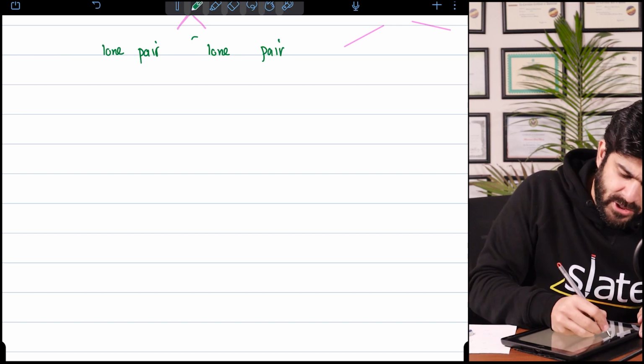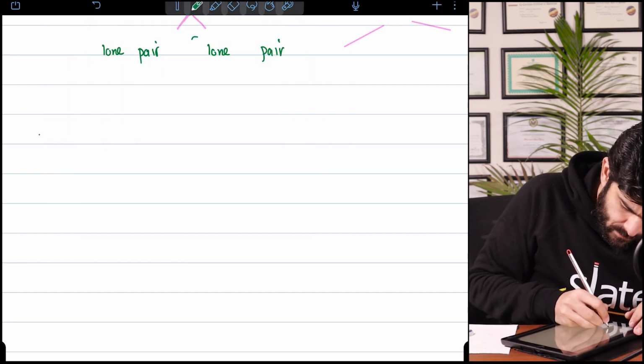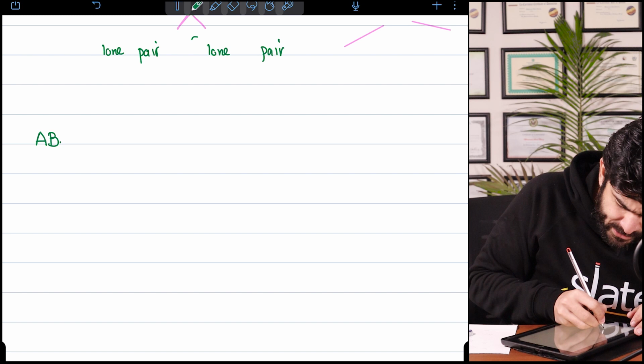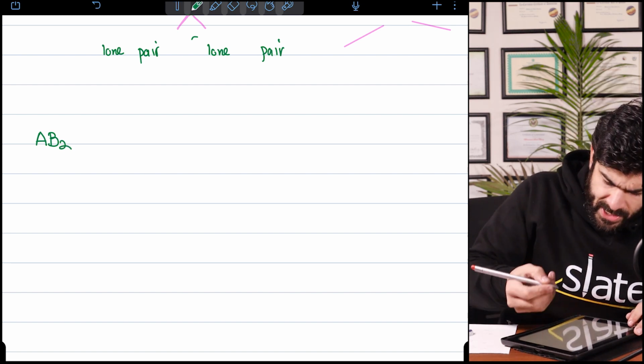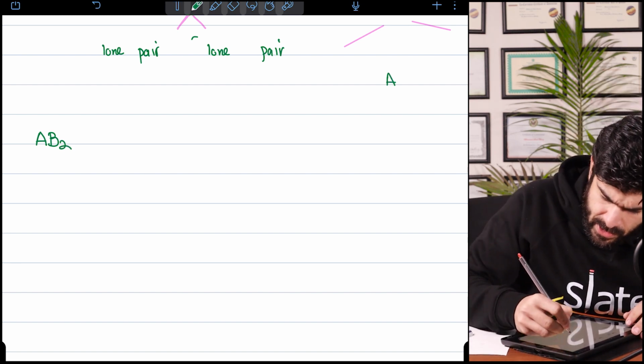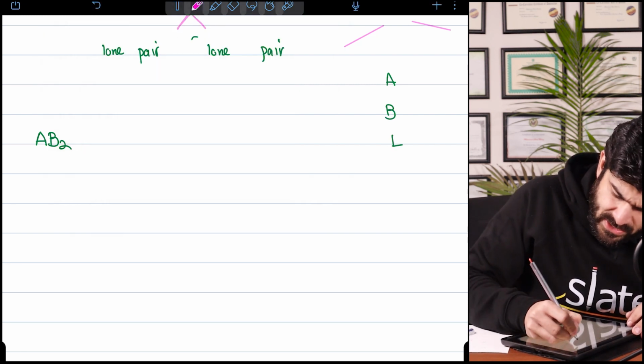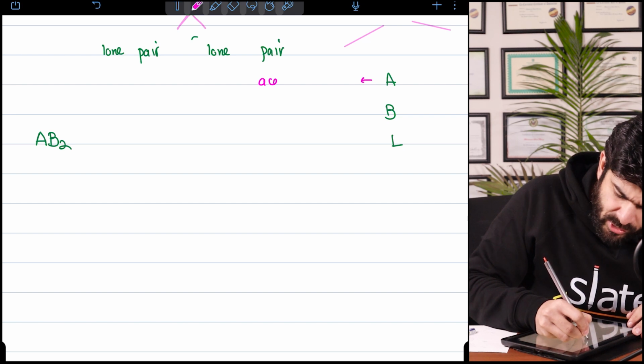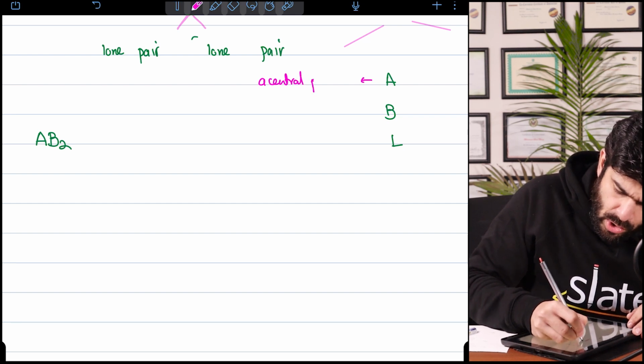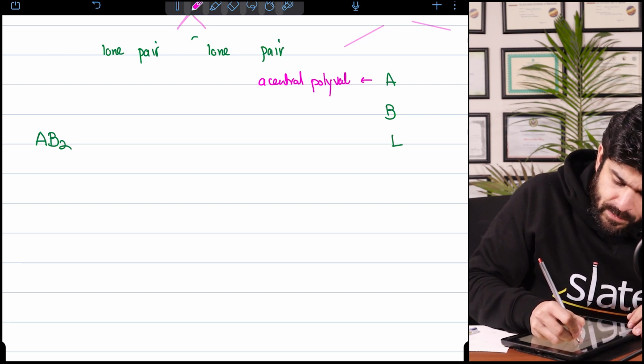Let's talk about the very first type of molecules, AB2 molecules. What is A? Let's make a key first. A, B, and L. Where A is a central polyvalent atom.